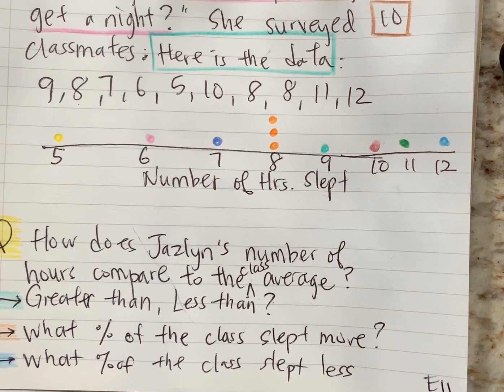As you look at your assignment, you're going to see that you're going to have to answer questions 1 through 9. So again, on the worksheets, you are going to have to complete 1 through 9 that's connected to the story problem.